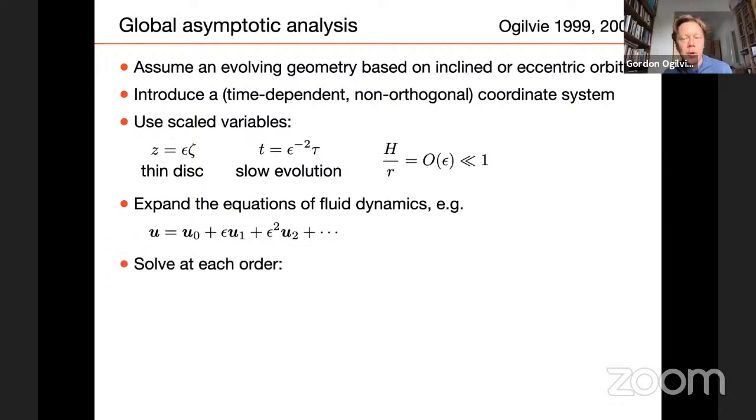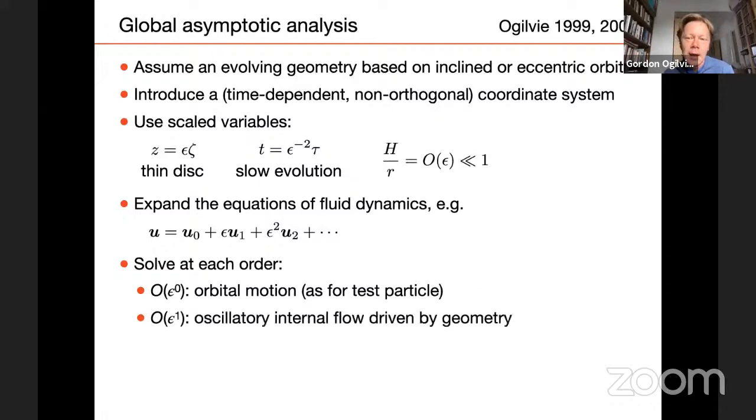And broadly speaking, what you get out of this, at the 0th order in this expansion, you just recover the orbital motion as you would for test particles. So that's consistent with the assumption of a Keplerian orbit as the leading approximation to the motion. At the next order in this small parameter, we find that there is an oscillatory internal flow within the disk. And this is driven by the geometry of these non-standard disks.